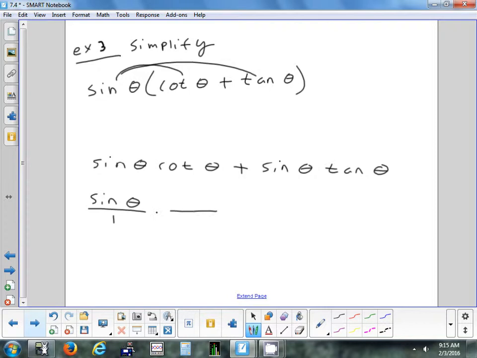Okay, what about cotangent? Make that cosine over sine. Sine, we can just leave it. And what about tangent? Sine over cosine.